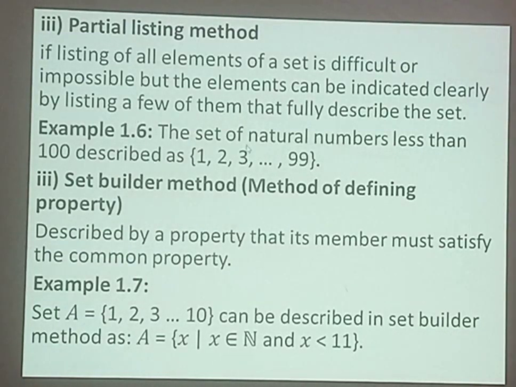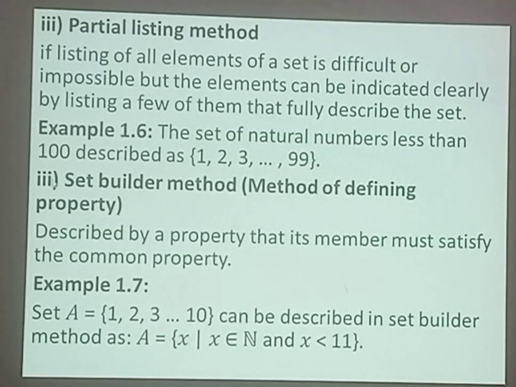For example, the set of natural numbers less than 100 is described as what? You can list some numbers or elements and put 3 dots, separated by commas, up to 99. That means natural numbers less than 100, or less than or equal to 99.